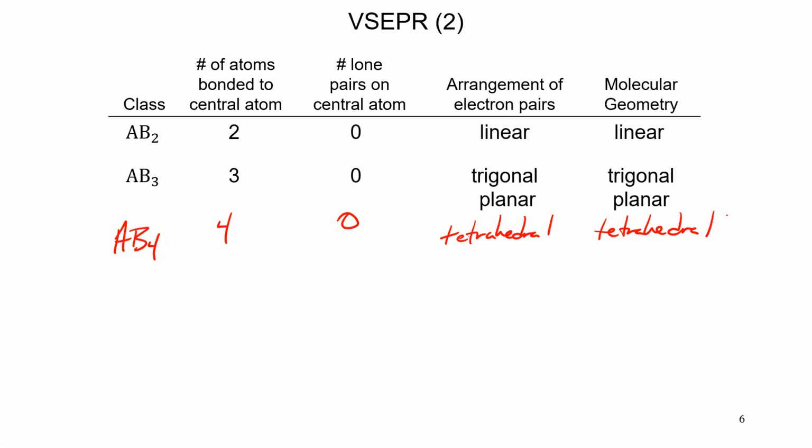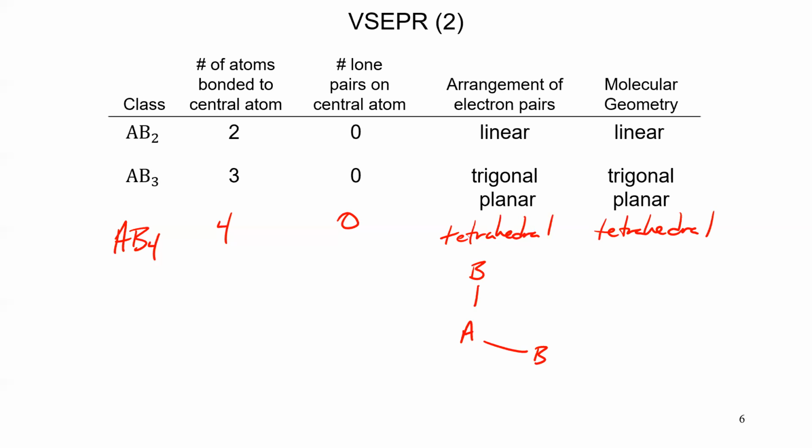And I'm going to do my best to draw this. Okay. So if A is in our middle here, we've got a B coming up and a B coming out. Now, the way that this works is that you've got those 3 atoms that are in a plane, and then one atom comes towards the viewer, and the other atom is going away from the viewer.